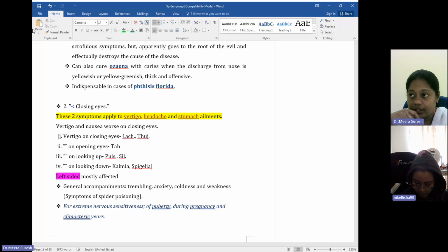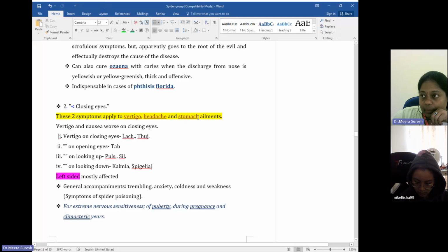These two symptoms, the sensitiveness to voice or noise, and aggravation from closing eyes, we can see in vertigo, headache, and stomach ailments, mostly nausea and other gastric complaints. That is why we connected the stomach complaints or nausea, closing eyes, and vertigo to seasickness.